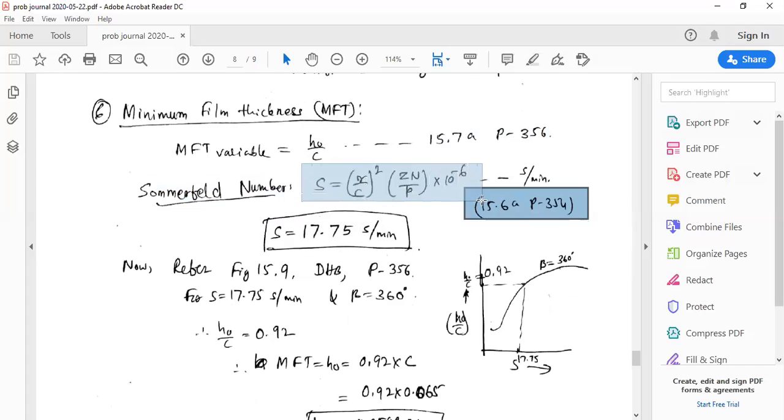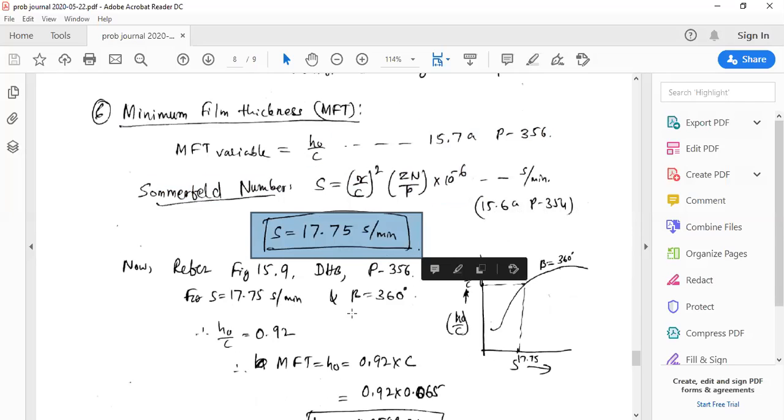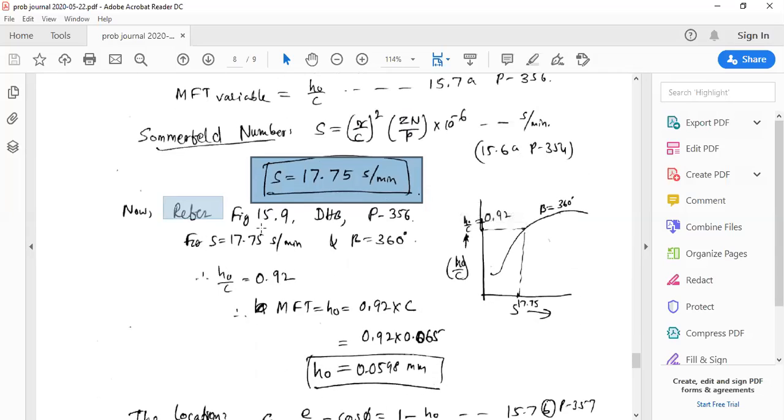So S is given by R by C whole square into Zn by P into 10 raised to minus 6. So this value is 17.75. So now we refer to figure number 15.9, page number 356 of the data handbook, with respect to beta value 360 degrees.